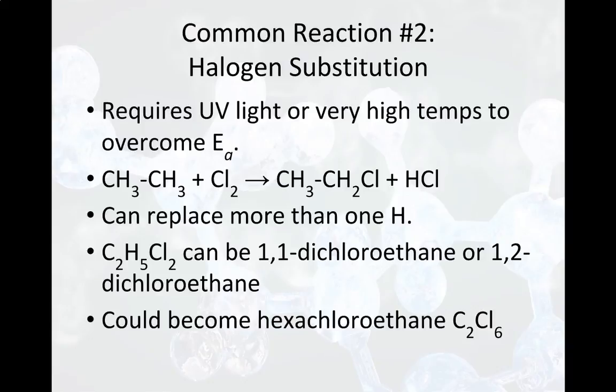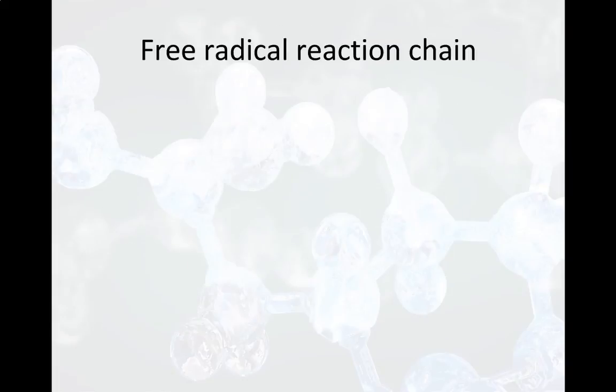And I could go all the way up from having 1 hydrogen replaced to having all 6 hydrogens replaced, in which case I would call that hexachloroethane, and I'd have a formula of C2Cl6. All of the hydrogens have been replaced by chlorines.